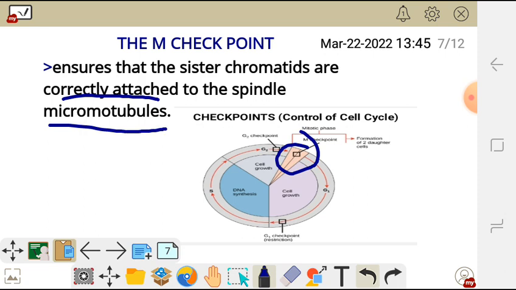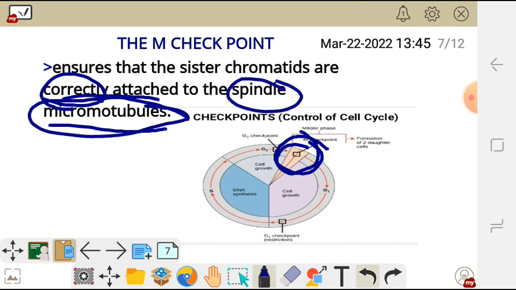As we discussed in our previous video under the mitotic phases, there is the attachment of the spindle fibers to the chromosomes at the region called the kinetochores. So this checkpoint checks to see if the spindle fibers have correctly attached to the spindle microtubules. So that's what the M checkpoint does.